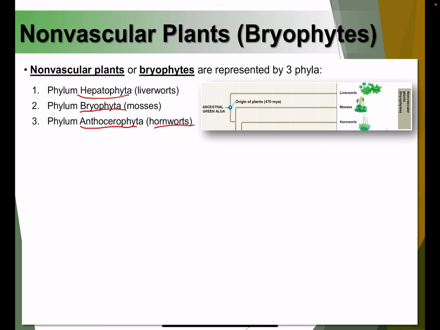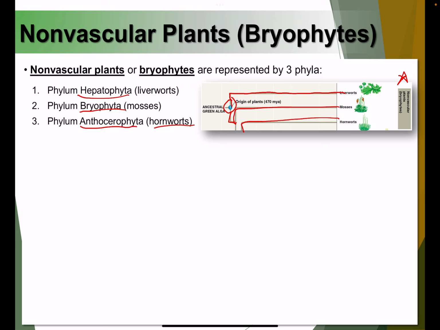You can see from this phylogenetic tree that they are the plant lineages that diverged earliest in the history of plant evolution. Here's your ancestral green algae. So this is the very first split, of liverworts and then into mosses and hornworts.